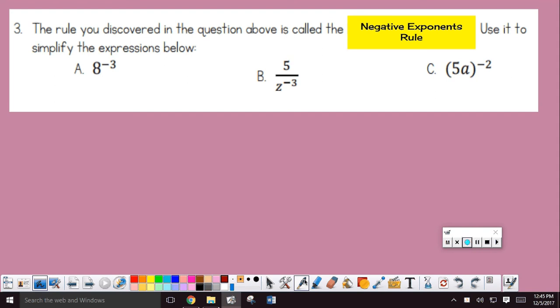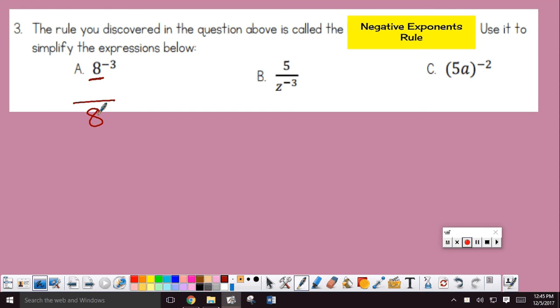Okay, so 8 to the negative third power. What is attached to the negative exponent? 8. So what is going to get flipped? 8 is going to get flipped into the denominator. What's going to happen to the exponent?